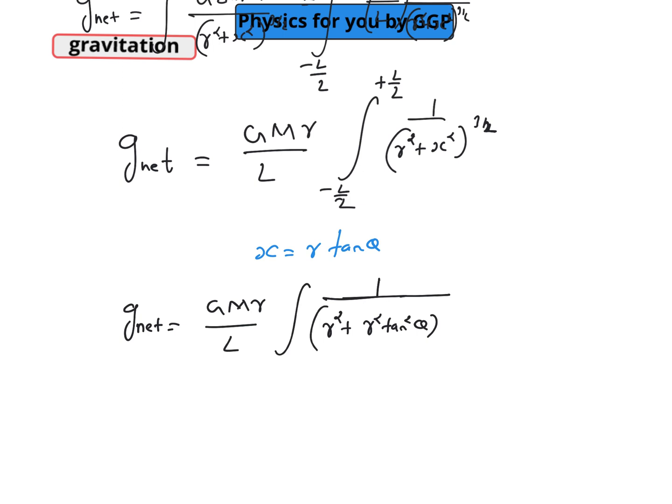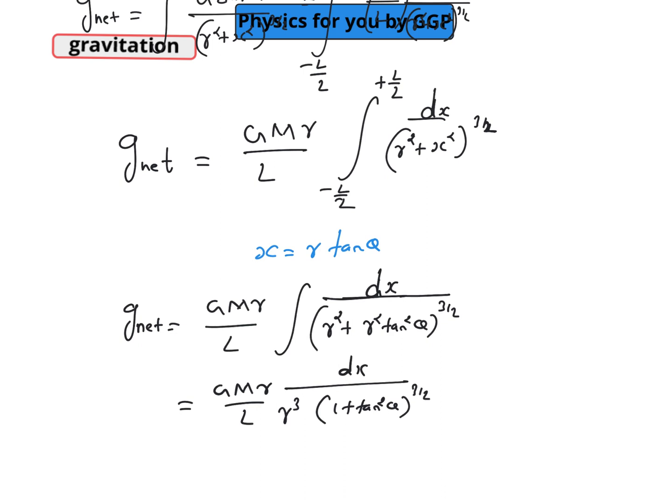Raised to 3 by 2, we can write this as GM r divided by L into, taking r square as common, r cube in the denominator, into dx divided by 1 plus tan square theta raised to 3 by 2.